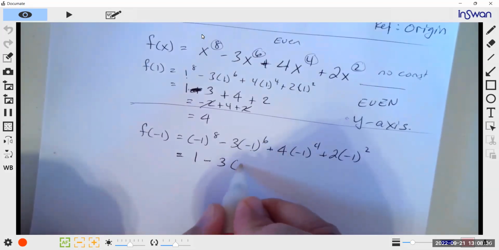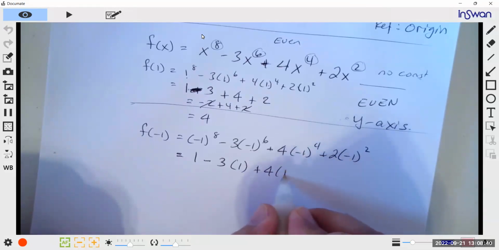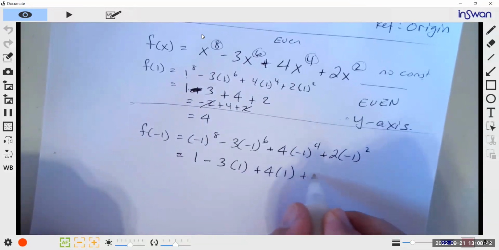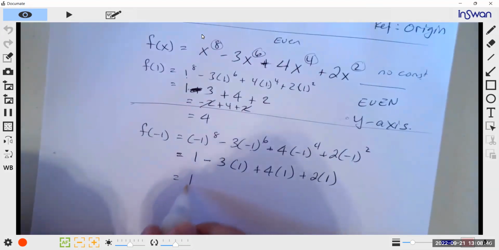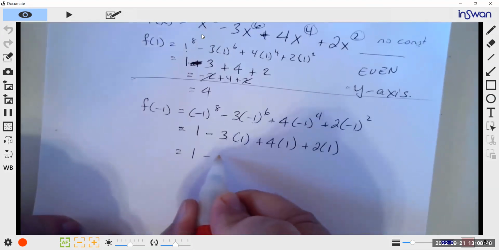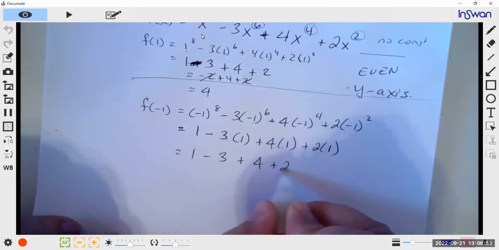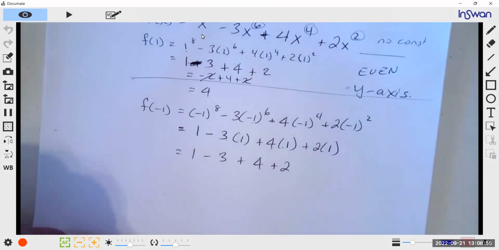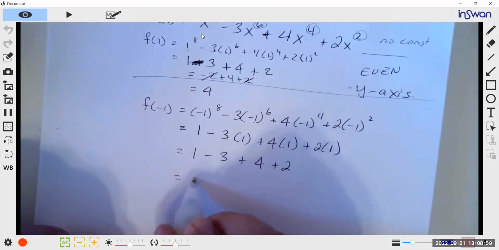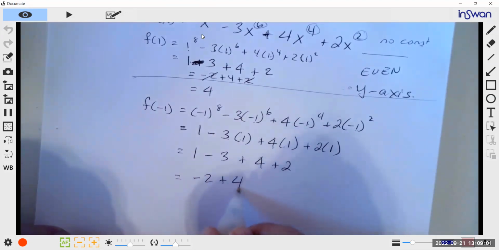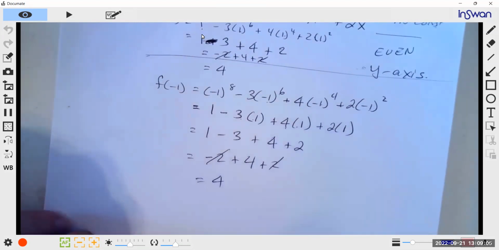Negative 1 to the 6 is also positive 1. Negative 1 to the 4 is 1. Negative 1 squared is 1. 3 times 1 is 3. 4 times 1 is 4. 2 times 1 is 2. 1 minus 3, 3 is bigger, so it's negative 2. 2 and negative 2 cancel out, equals 4.